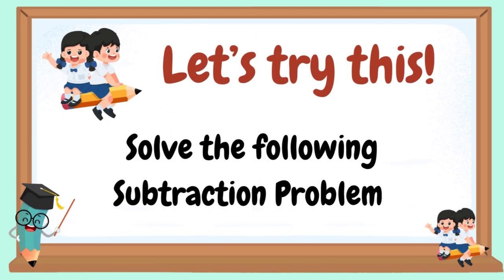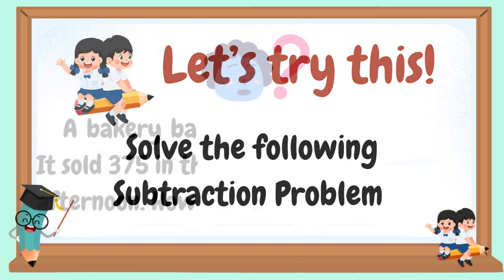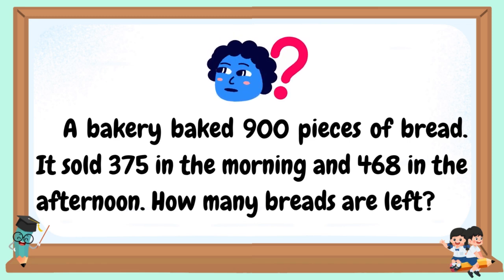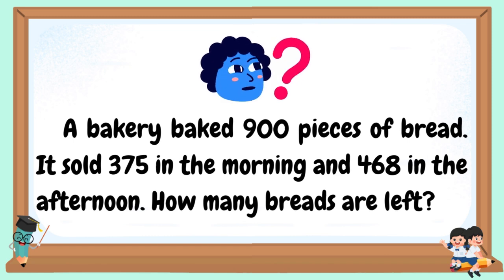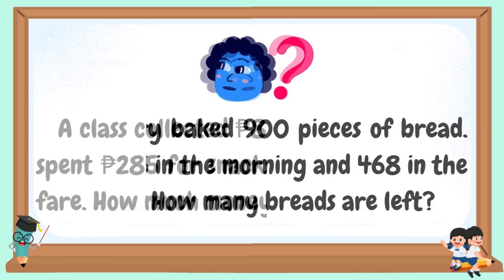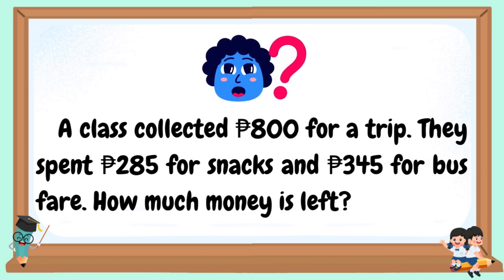Let's try this. Solve the following subtraction problem. A bakery baked 900 pieces of bread. It sold 375 in the morning and 468 in the afternoon. How many breads are left? A class collected 800 pesos for a trip.